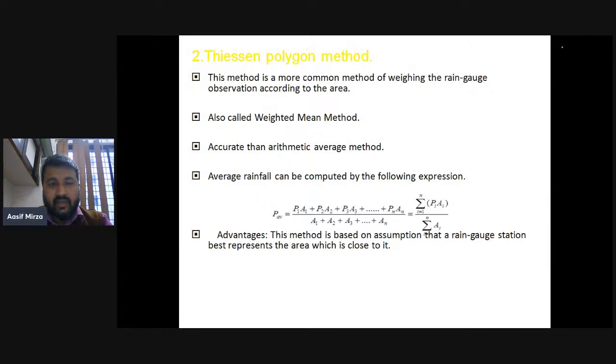It is more accurate than the arithmetic average method, and average rainfall can be computed by the following expression: P average equals P1 A1 plus P2 A2 plus P3 A3 plus up to Pn An, divided by A1 plus A2 plus A3 plus up to An. This method is based on the assumption that a rain gauge station best represents the area which is close to it.